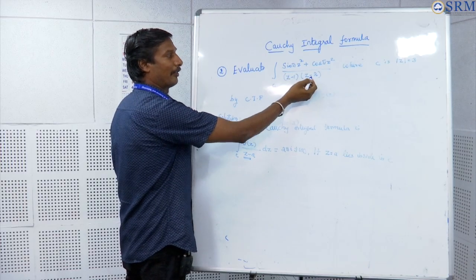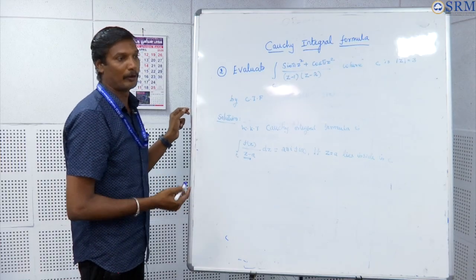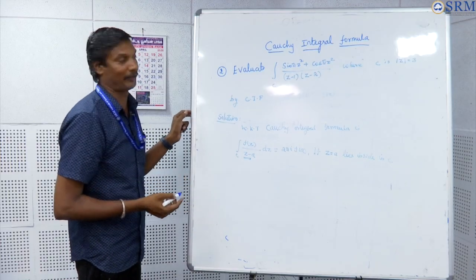Z equal to 1, another point is Z equal to 2. So we need only one singular point, so we have to apply the partial fraction method.